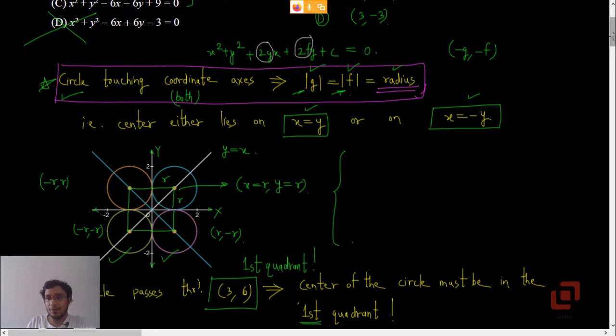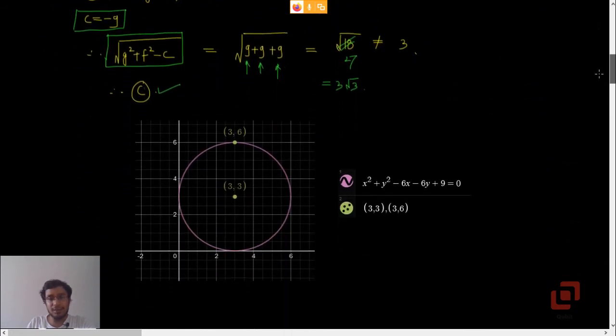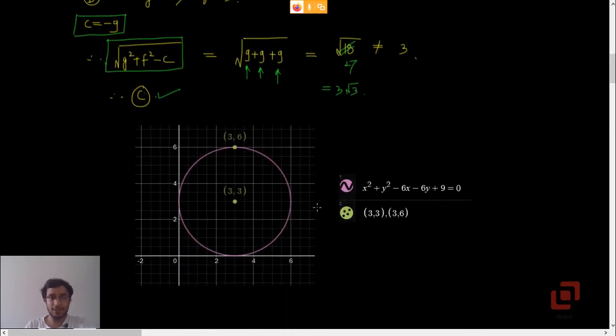Correct. We can verify our result graphically. That is what I have done here. The circle in option C is x squared plus y squared minus 6x minus 6y plus 9 equal to 0. So negative 6x, negative 6y. The only difference between this and option B is, in option B we have minus 9, here we have plus 9.